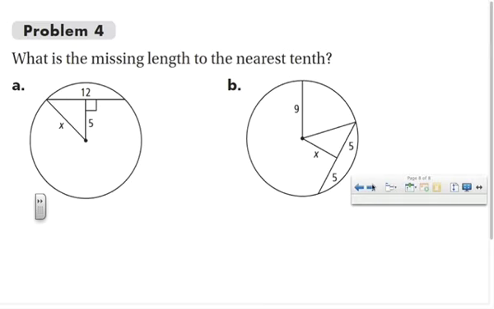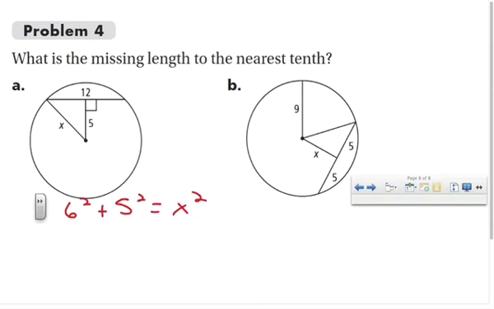So how will Pythagorean's theorem get plugged in part A? What squared plus what squared equals what squared? Grace? Beautiful. 6 squared plus 5 squared equals x squared.